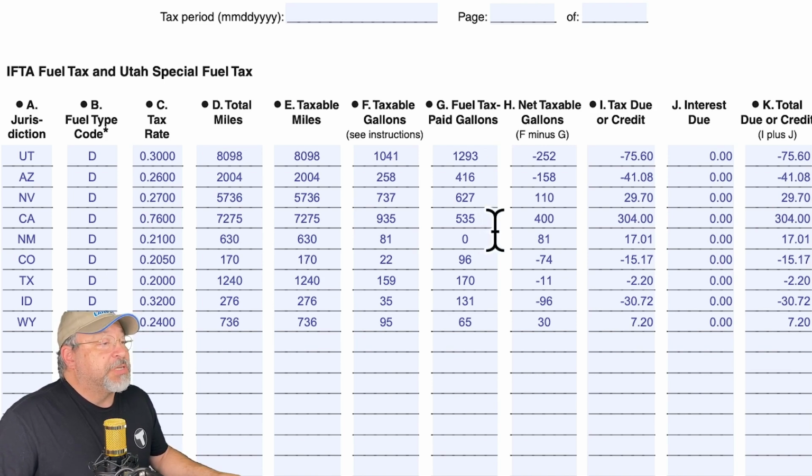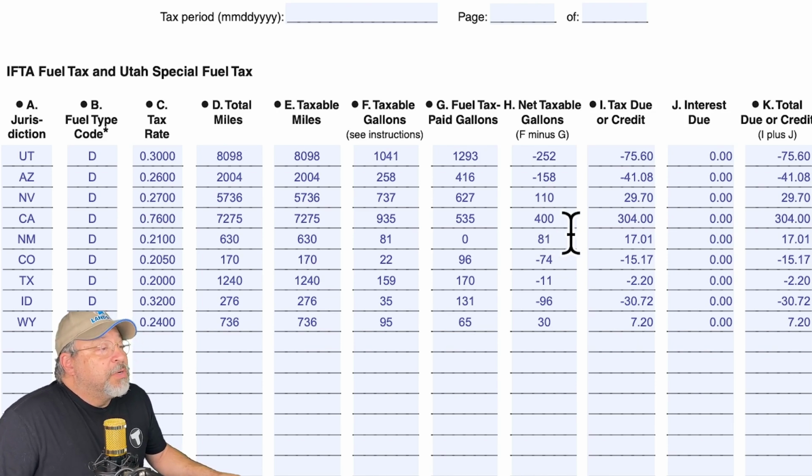I only purchased 535, yet I owe taxes for 935. And again, we got this 935 because we took the 7,275 total for the quarter, divided it by 7.78 average, and that's how we got the 935. We have a deficit here. I only paid for 535. The deficit is 400 gallons. Well, now look at this.